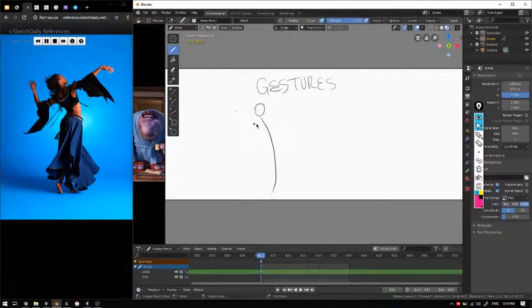Okay, so first you draw the head, and then you draw in the line of action as you see it. And then the next thing we're looking for is the shoulders and the hips. Now these do a very specific thing. They always go in opposite directions. When the shoulders are this way, the hips are going to be this way, always. This is simply a matter of how our spine and our shoulders are rigged.